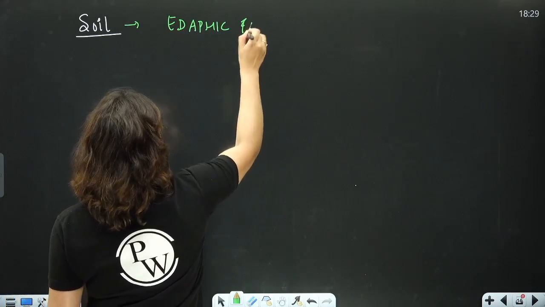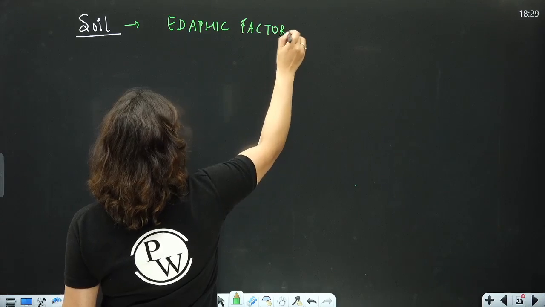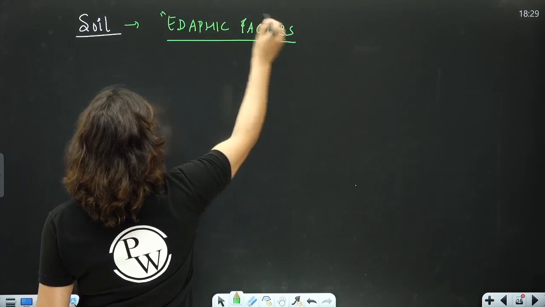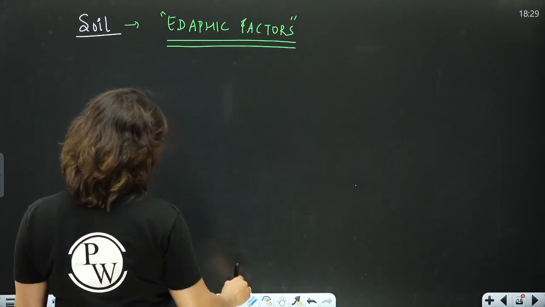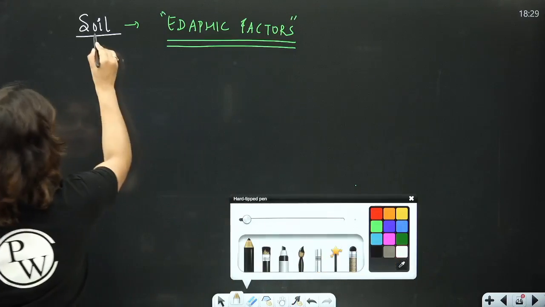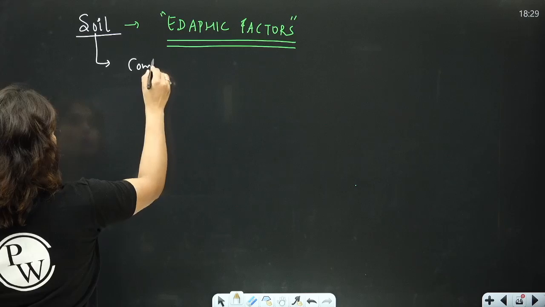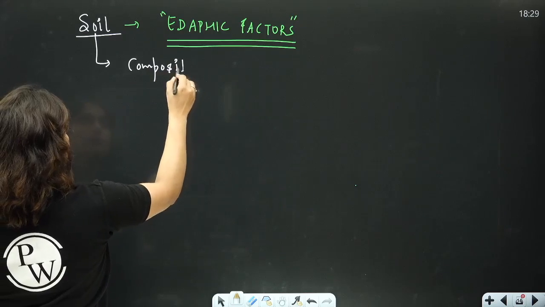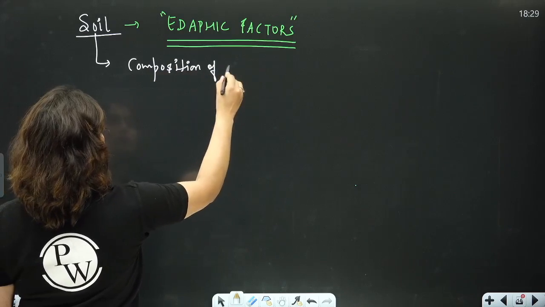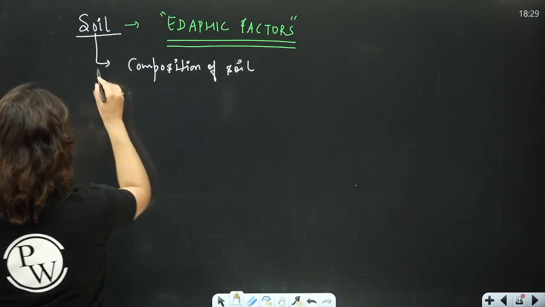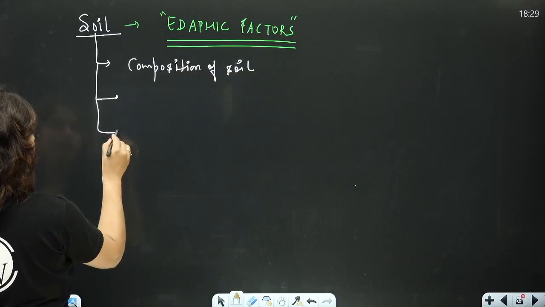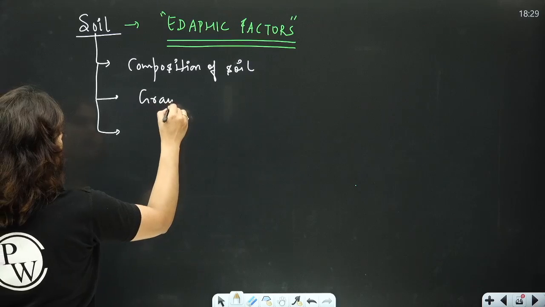All the soil related factors are called edaphic factors. And the composition of soil, what is the composition of soil? How much is the amount of clay? How much is the amount of sand? How much grain size is present?